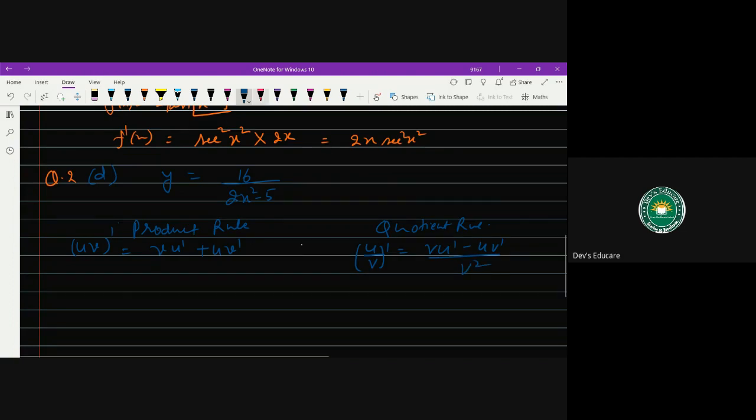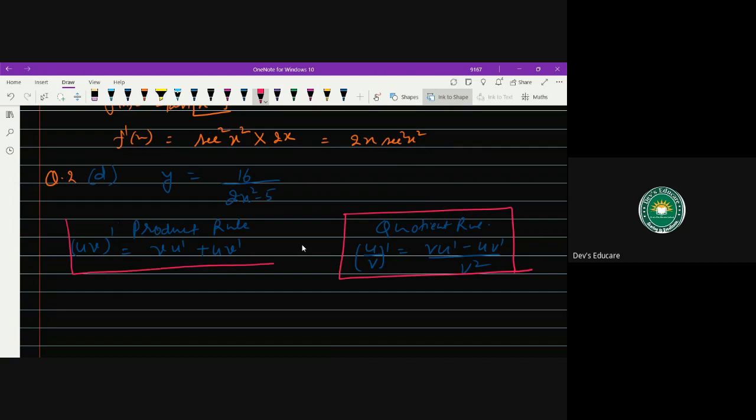This is called the quotient rule, and this is called the product rule.